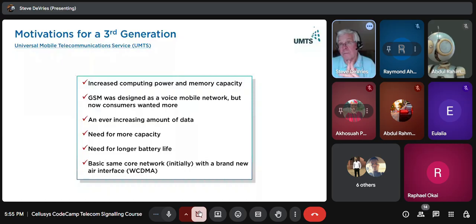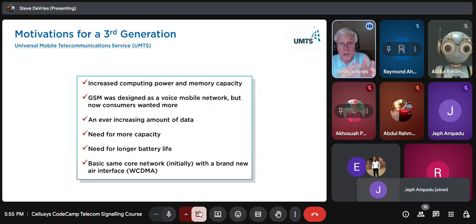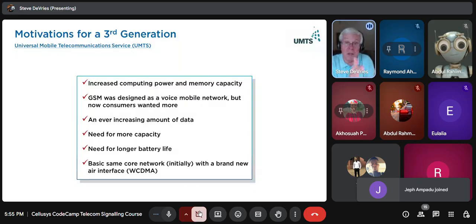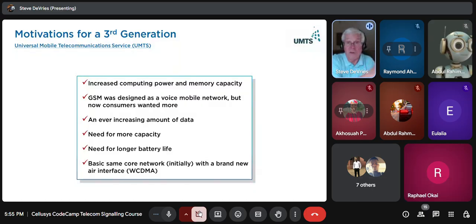Now, one thing we have to understand is that during the 1980s, no one called mobile phones 1G or first generation. Throughout the 90s, no one called GSM second generation. It wasn't until this came out that they went back and renamed the 1990s GSM the second generation, and the earlier systems the first generation.